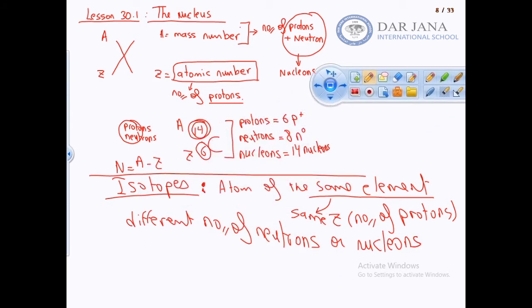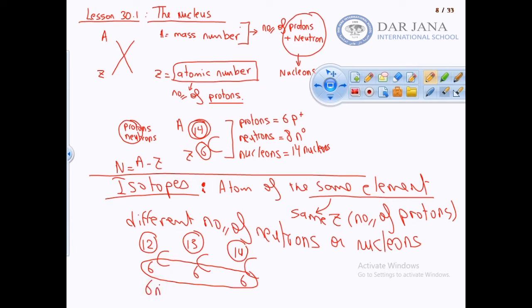Example on this, let's go back to carbon. Carbon 12, 6, carbon 13, 6, carbon 14, 6. As you see, all carbons here have the same number of protons, different number of nucleons. And if we want to be more specific, they have different number of neutrons. Here we have 6 neutrons, we subtract up and down.